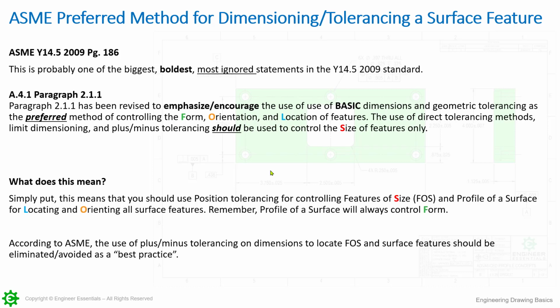So when we go to the 2018 standard, that's where we see they stop supporting plus or minus tolerancing altogether for the location of surfaces. So down at the bottom there, according to ASME, the use of plus or minus tolerancing on dimensions to locate features of size and surface features should be eliminated or avoided as a best practice.